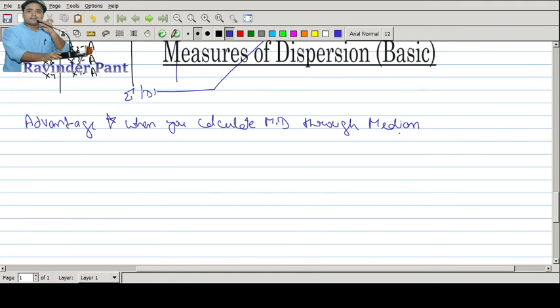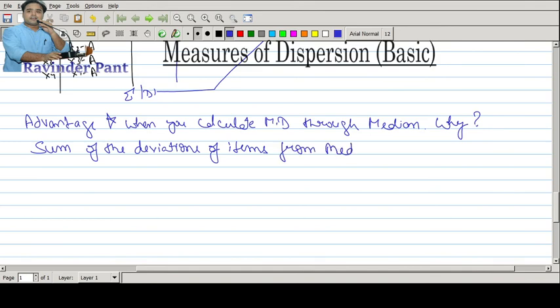Why? This we must have studied in our measure of central tendency chapter: the sum of the deviations of items from median is least when signs are ignored.